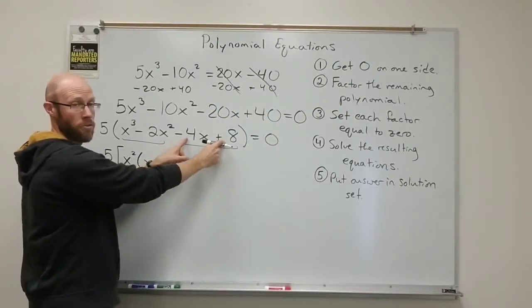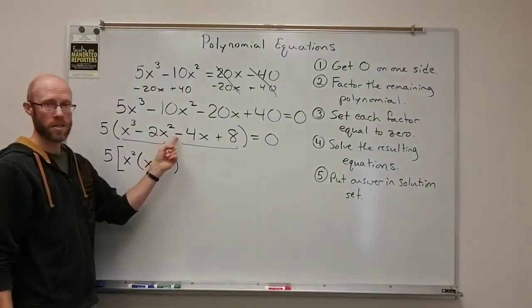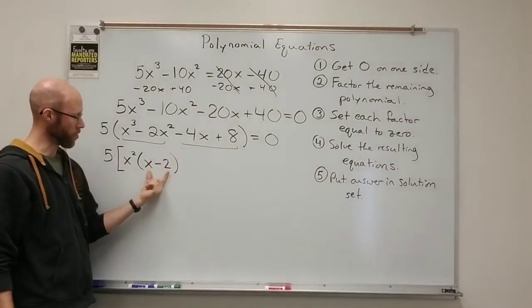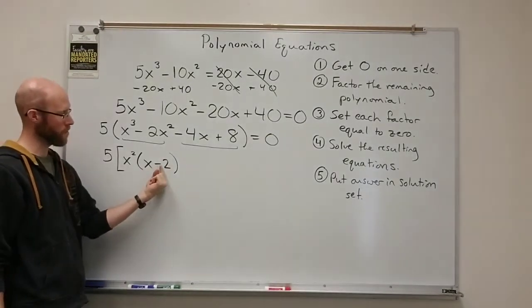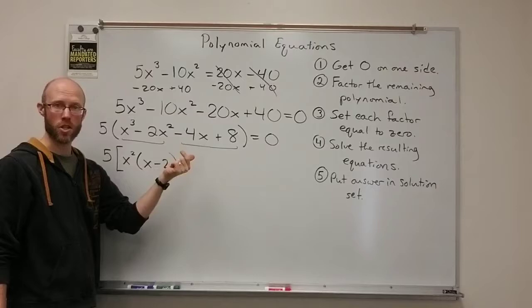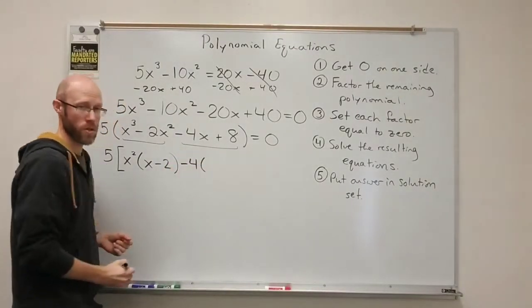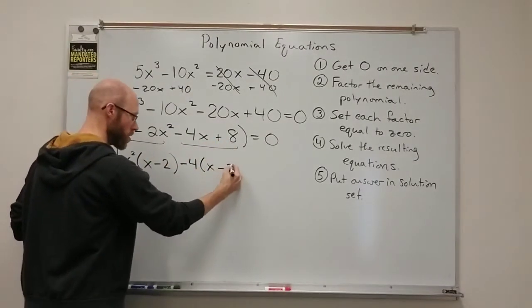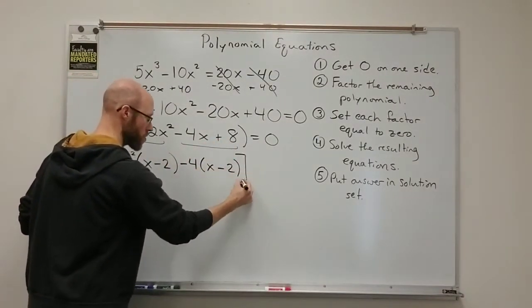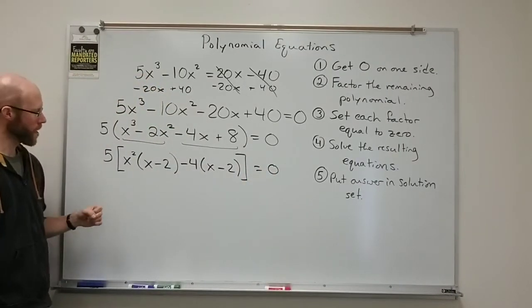Here I'm going to pull out a 4. They have a common 4. But again, I want the signs to match up with the current set of parentheses I have in the first term. So I need positive, negative. Here I have negative, positive, so I have to switch the sign. So I'm going to pull out a negative 4 in order to switch the sign. That'll give me a positive x and a negative 2. I have to switch both of those signs. Of course, that equals 0.